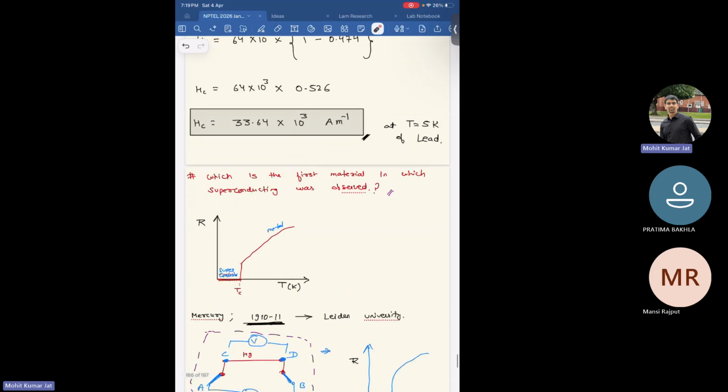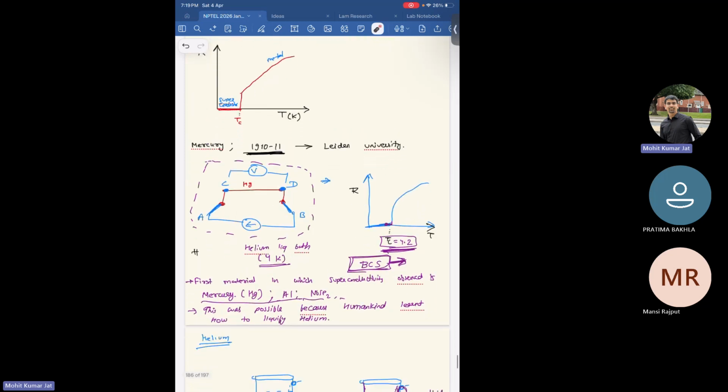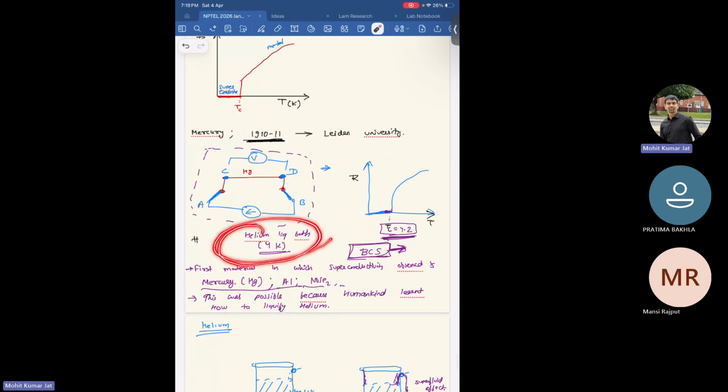And then, when the first superconductor was discovered, I think 1911, Leiden University, mercury was the first material in which it was observed. This was possible because people could liquefy helium. So they went below the critical temperature of 4.2 Kelvin, and below 4.2 Kelvin they could see the resistance going to zero.